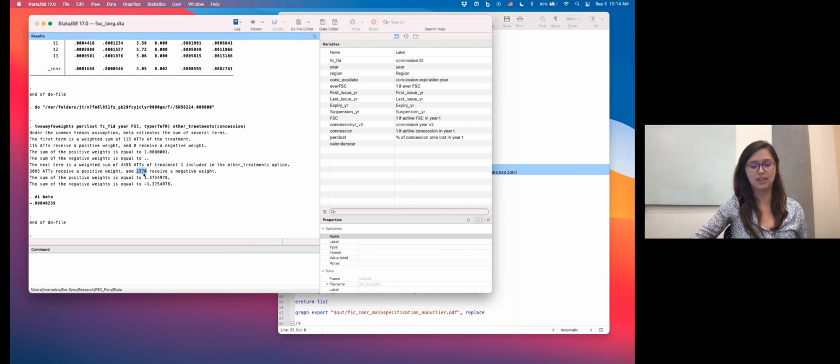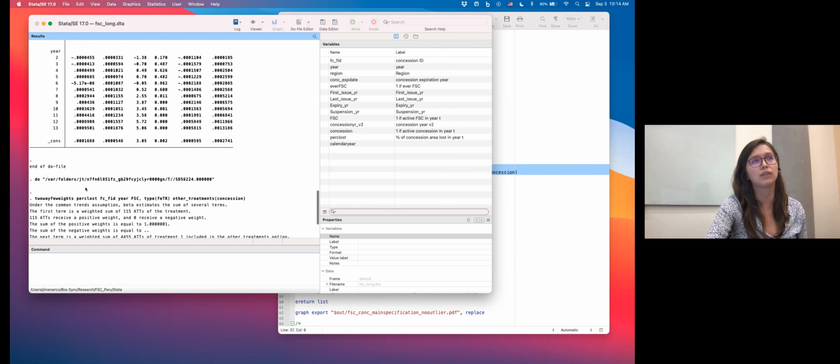So we have contamination of the coefficient of FSC certification, right? And we can see here that the negative weights sum to minus 1.375, which is pretty big. And just to verify, this is the same coefficient that we found here, right?